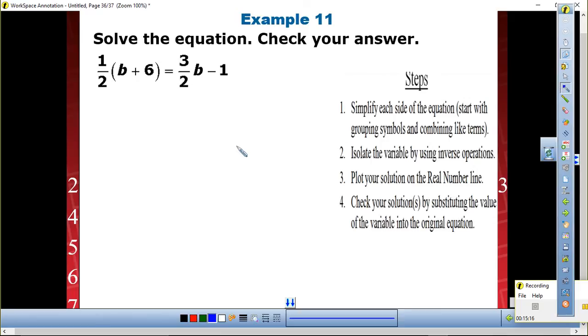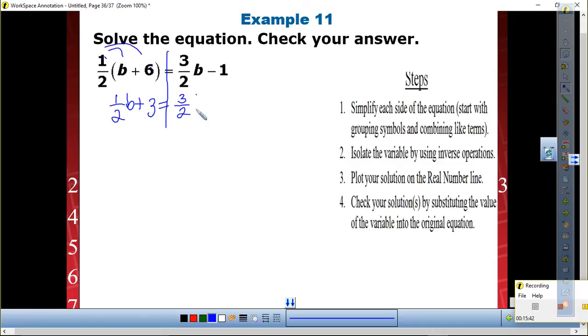Okay, here we go. Line down the equal sign. Shakira, what would be the first thing that you do on this one? Distribute? Oh, very good. So this is 1/2 B plus, 6 times 1 is 6 divided by 2, that is 3, equals 3/2 B minus 1.